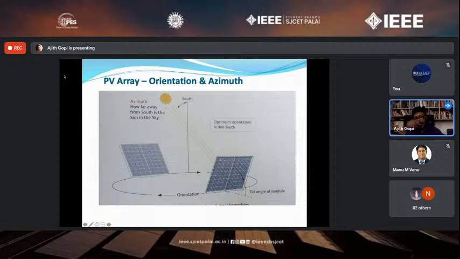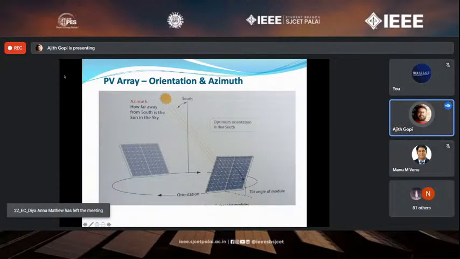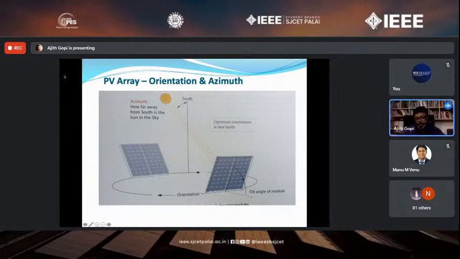But when you take Andhra Pradesh or Gujarat, it will always be south. So in the northern hemisphere, the thumb rule is you have to orient your solar PV module towards south. Okay, lesson number 1. I'm not going into azimuth now. I'll go to azimuth later. It will be a bit complicated at the moment.